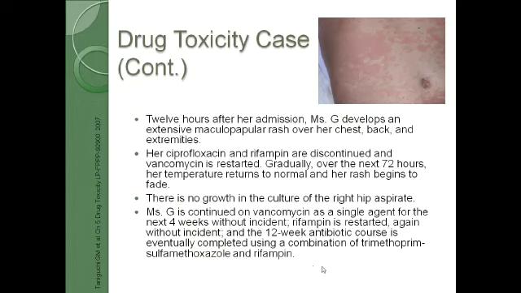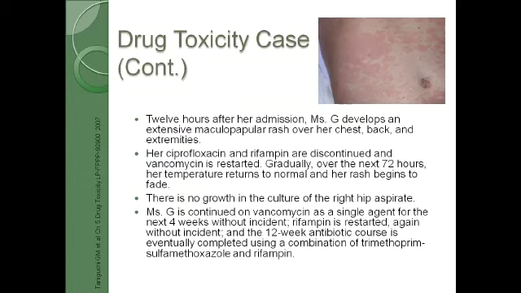Rifampin is restarted again without any incident, and the 12-week antibiotic course is eventually completed using another combination of sulfonamide and rifampin. So you will learn all these drugs in the next year.